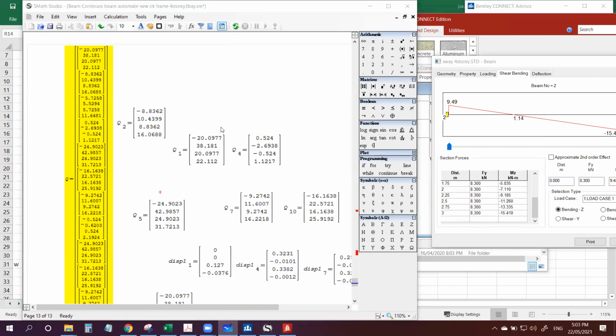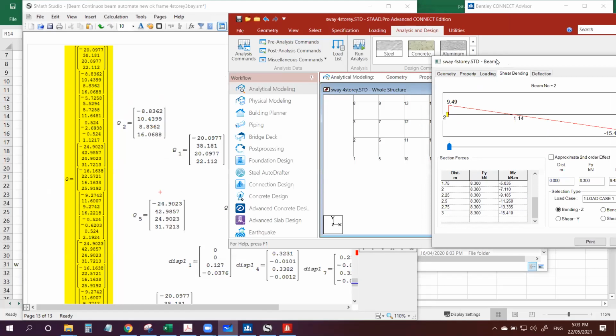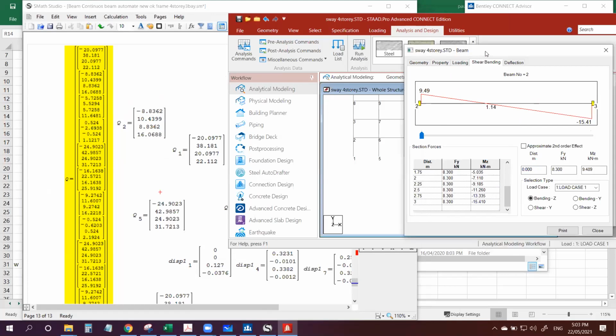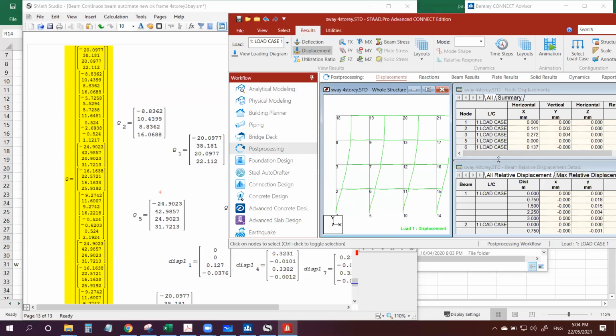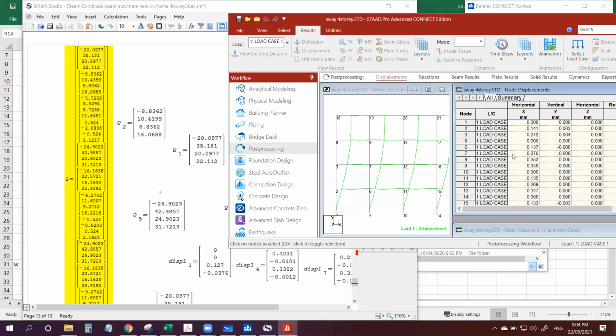Referring to our displacement, so this should be displacement 1, 1, 4, sorry, 1, 2, 3, 1, 3, 5, 7. No, that's post-processing displacement. So this is our lateral displacement.